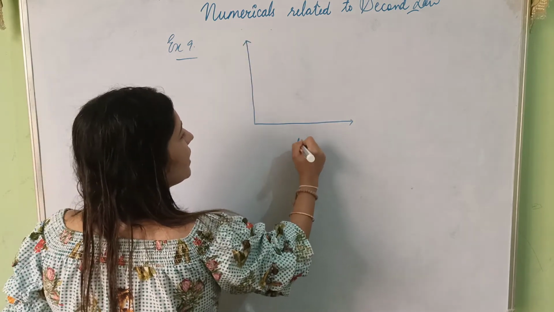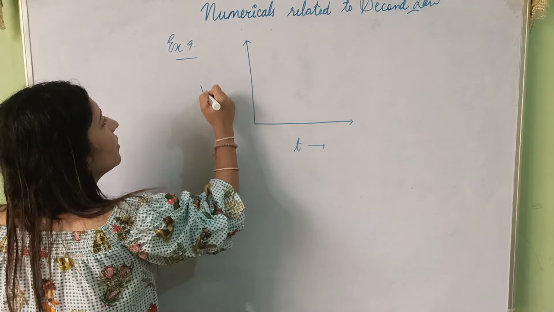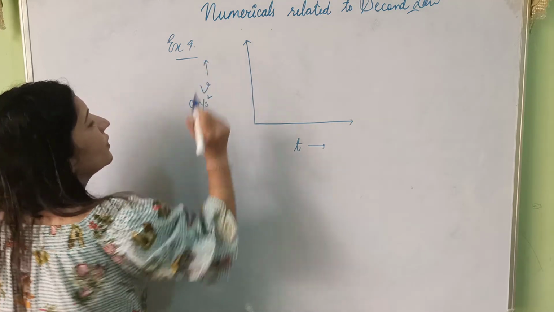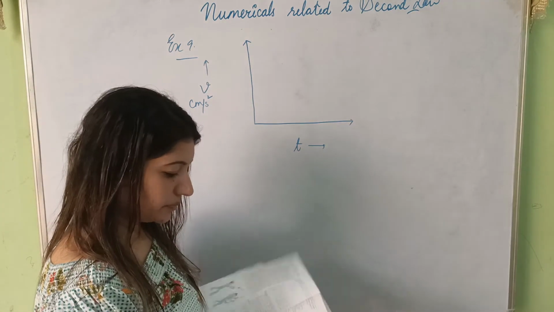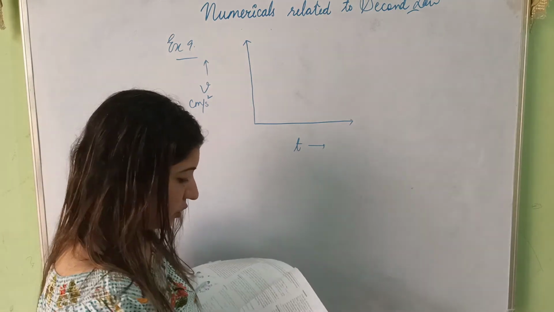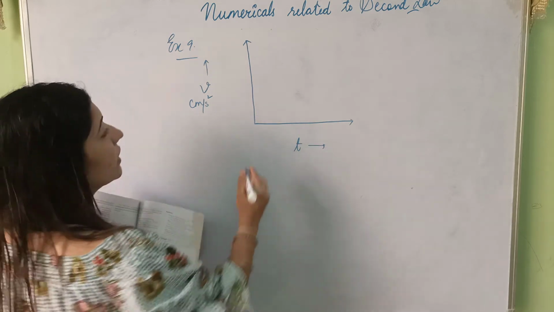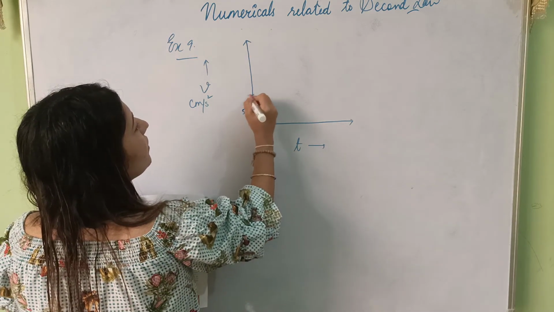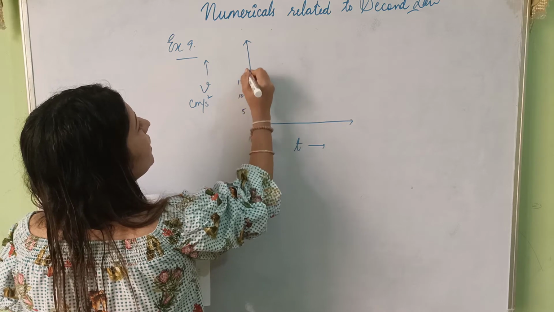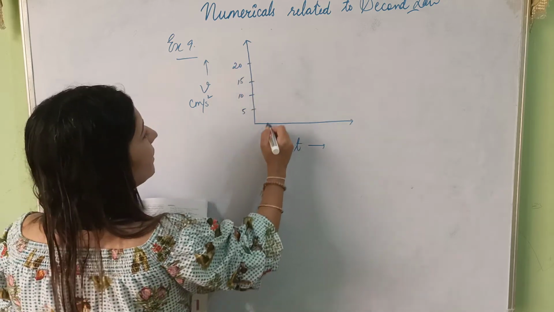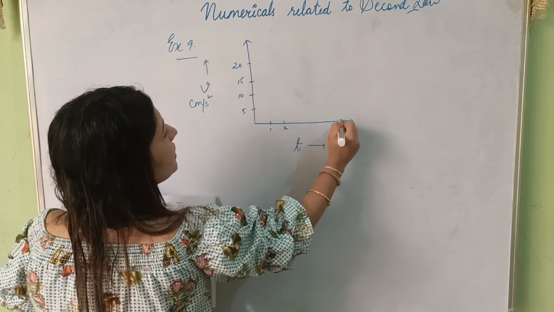We have time over here and velocity in centimeters per second square on this side. The initial velocity is 20 centimeters per second square, and we need to see the time interval till here.